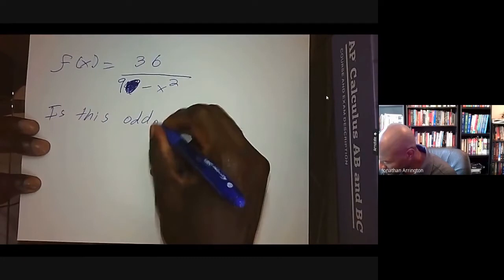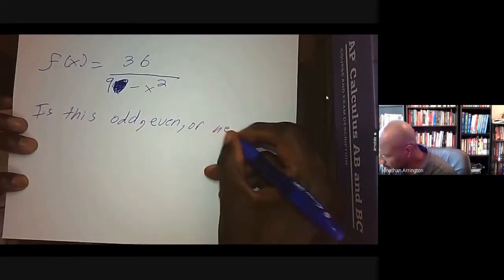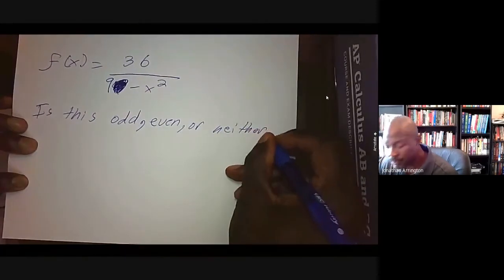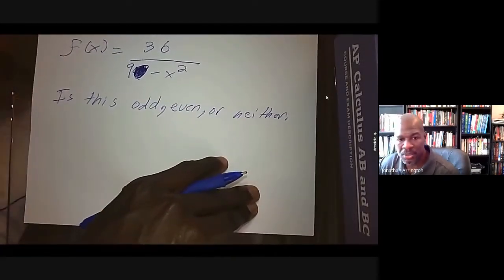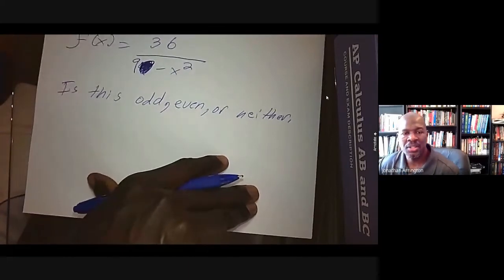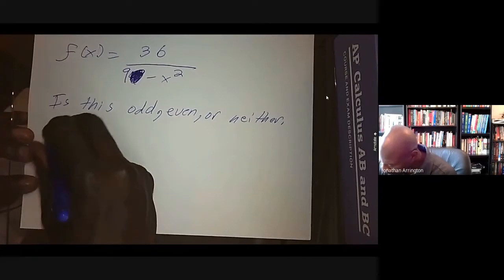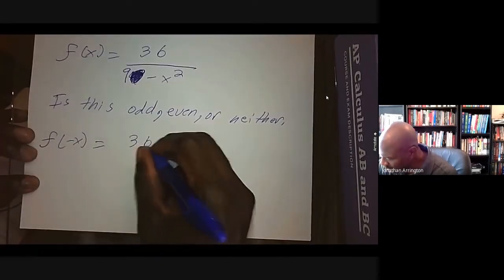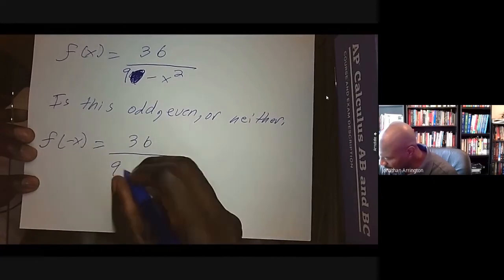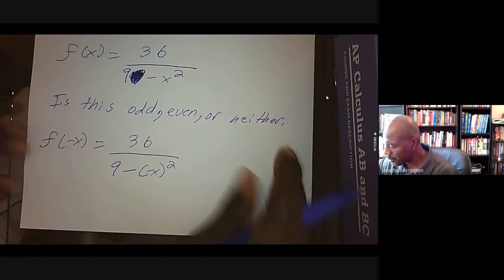So is this function odd, even, or neither? Of course, the thing we want to do, if it's something that we're able to do this with, is just find the value of f of negative x. So let's find f of negative x, which is 36 over 9 minus negative x squared.